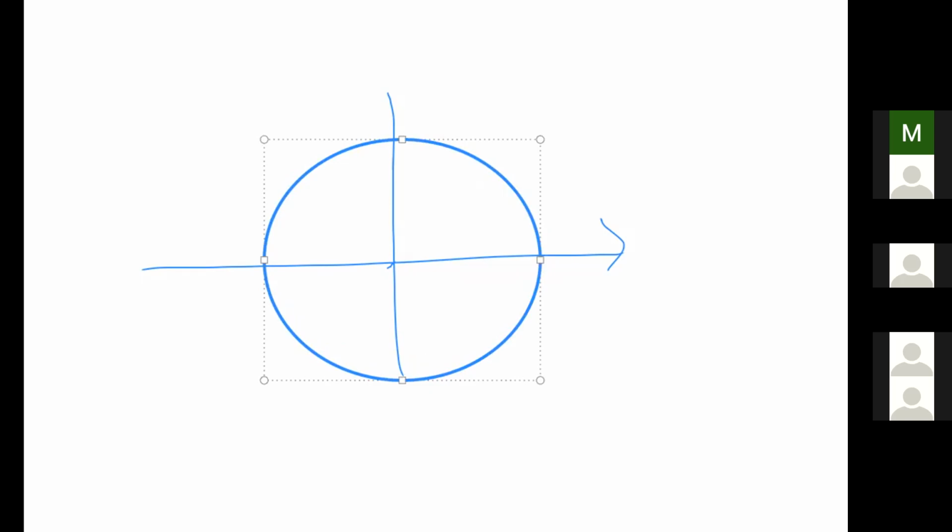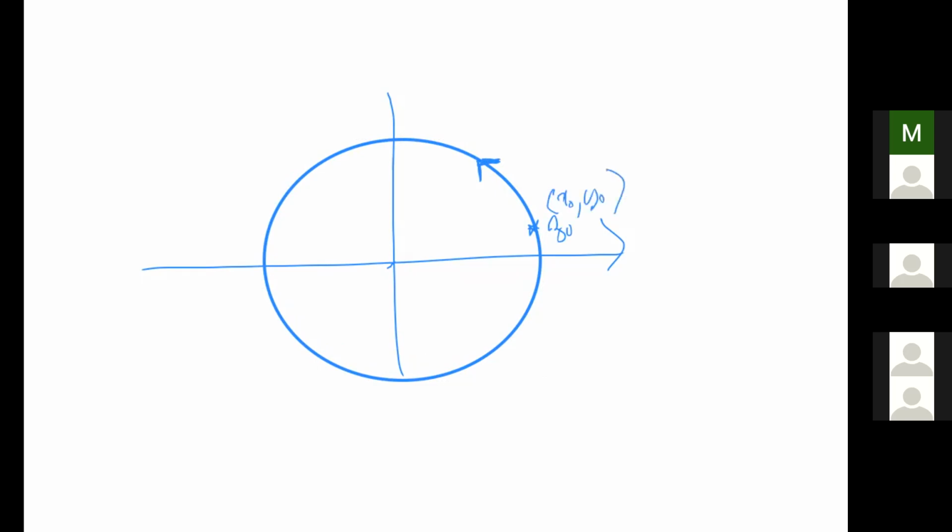Okay, and so for example, if I start here, x0, y0, is my solution.